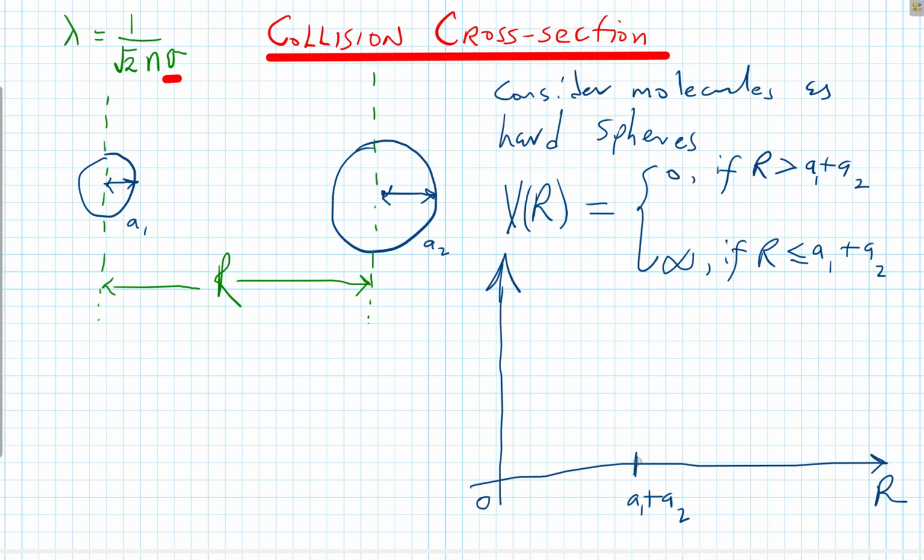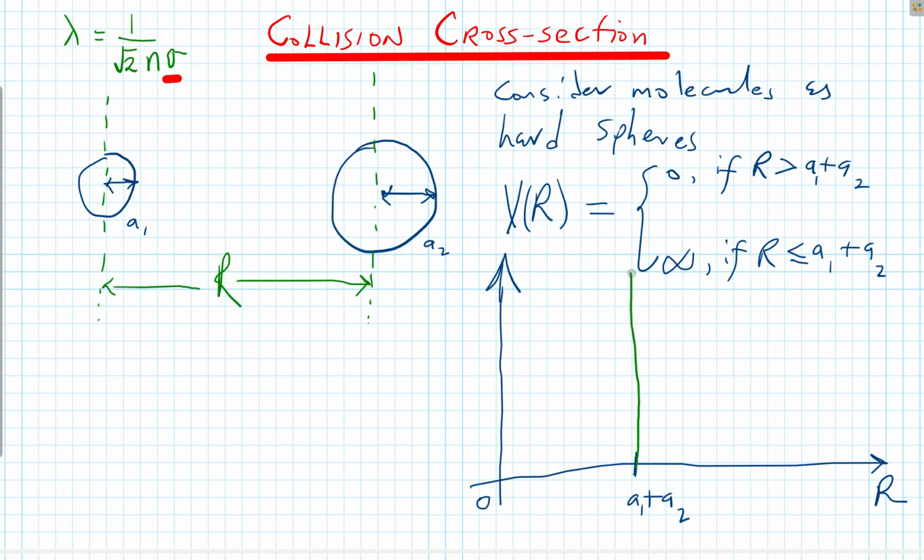So at A1 plus A2, the two molecules experience some sort of potential energy which prevents them from moving into each other, right? So when they are at contact, a huge energy is experienced. Maybe I can draw that with a green vertical line.